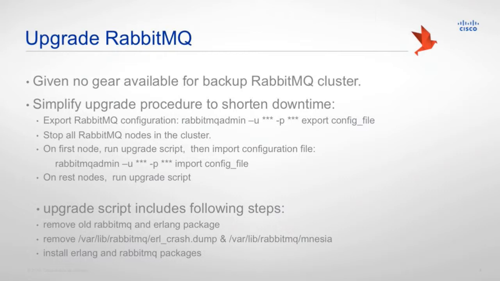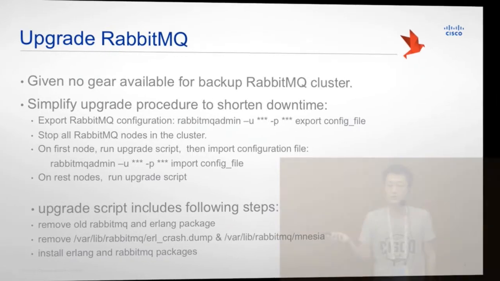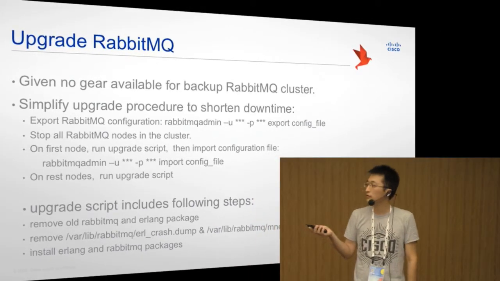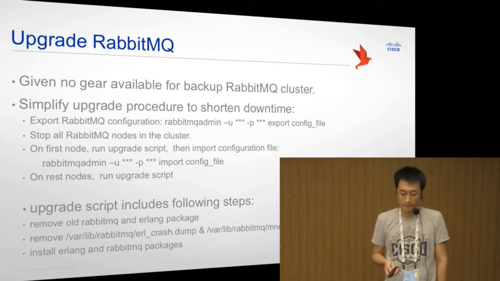Then you install Erlang and then the RabbitMQ service. And then you run the same upgrade script on the next RabbitMQ nodes in the same cluster. By using this method, we can control the upgrade time to a few minutes. If there's no communication needed in that time, the tenants may not notice the service interruption. So that's the way we upgrade Rabbit.